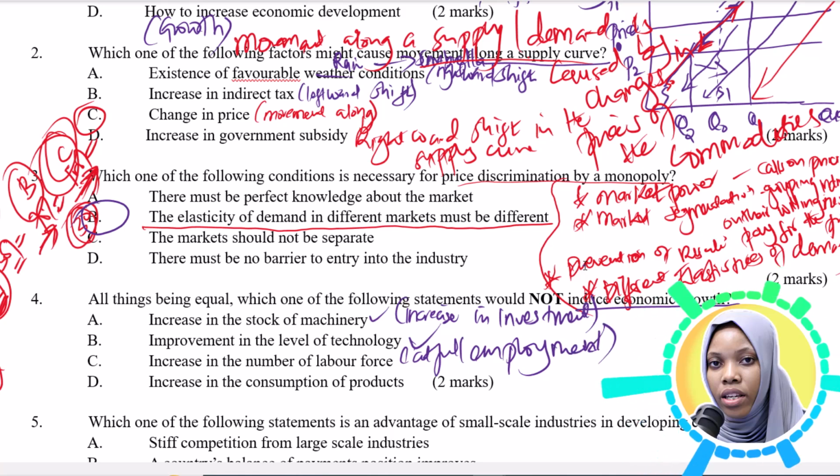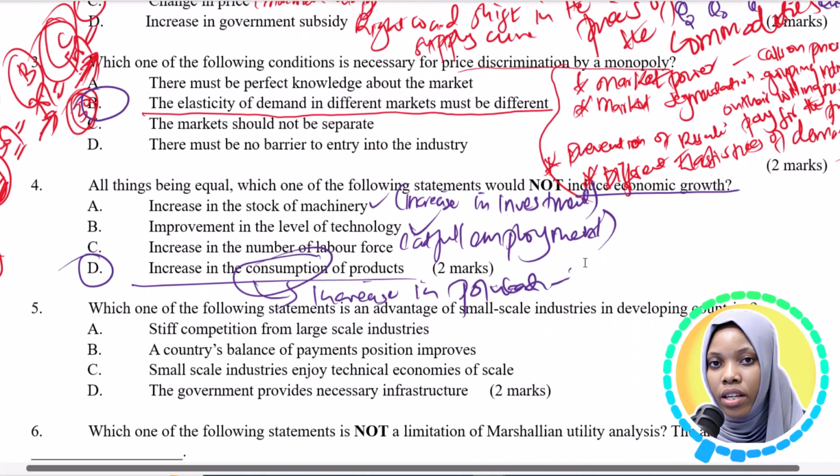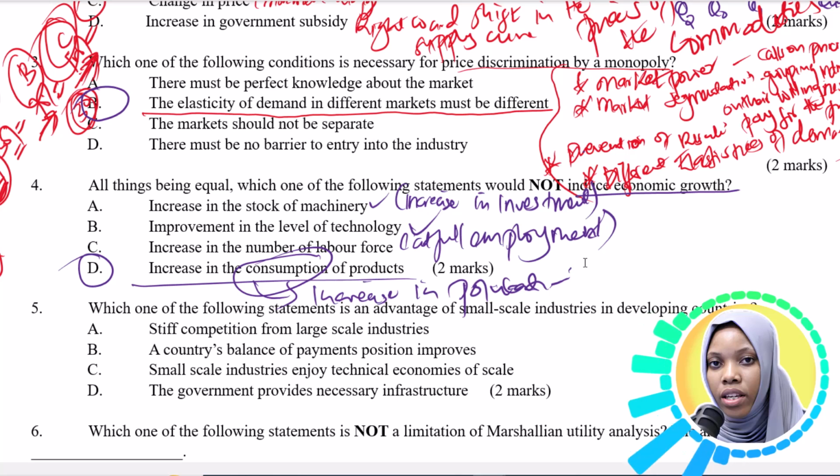Increase in the consumption of products doesn't necessarily mean there's economic growth. Maybe there's increase in population, which has led to the increase in consumption of goods and services. So our choice in question 4 is choice D, increase in the consumption of products.